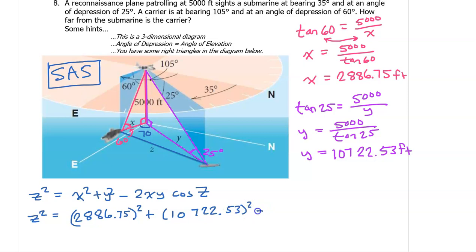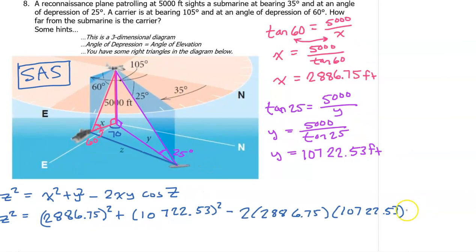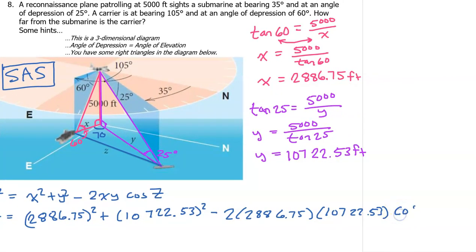And that's going to be squared. Minus 2 times x times y. So that's 2,886.75 times 10,722.53. And then finally, we have the cosine of angle z. Angle z is the angle across from side z. So that's cosine of 70.